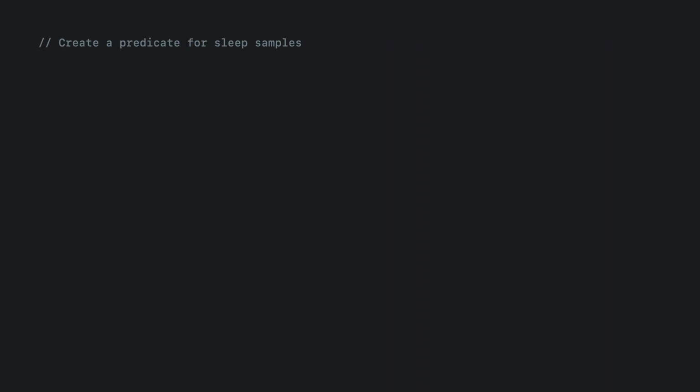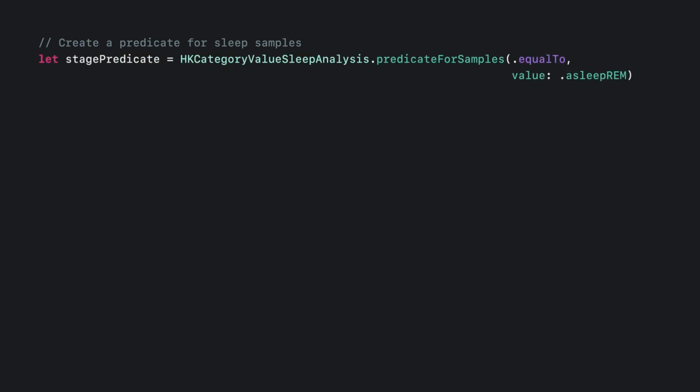With the updated sleep samples enum, it is now possible to save and read sleep stages data from HealthKit. We added a new predicate to make it easy to read sleep samples for a given stage. Let's say I want to read sleep samples in the REM stage. First, I create a predicate using the new predicate for samples method with sleep REM as value.